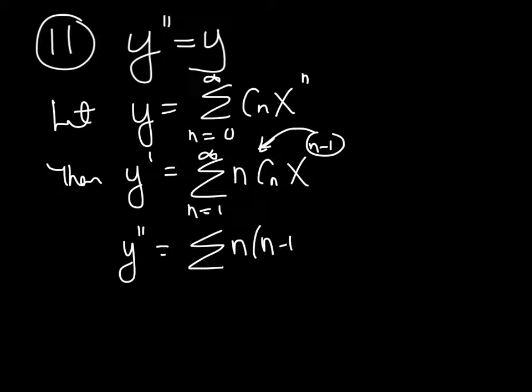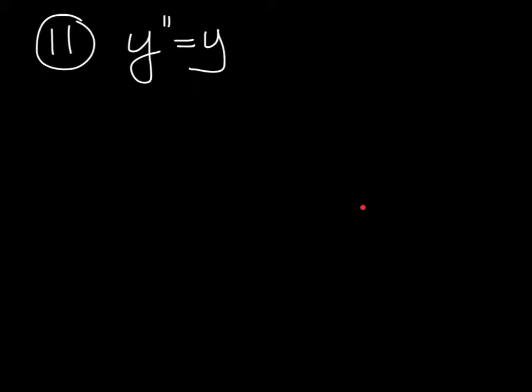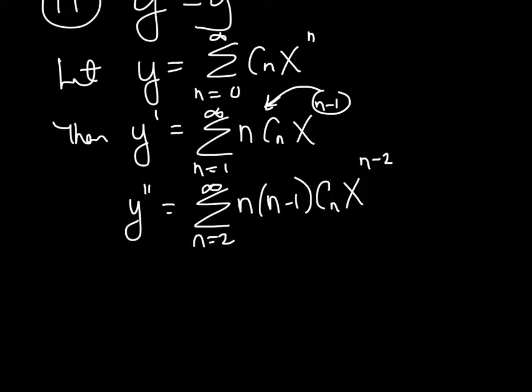And so I get n times n minus 1 c_n x to the n minus 2, because I'm subtracting 1. And here I'm going to start at 2, because if I plug in 1, I'm going to get a negative 1, so I have to start at 2. Okay, so that's the basic idea.